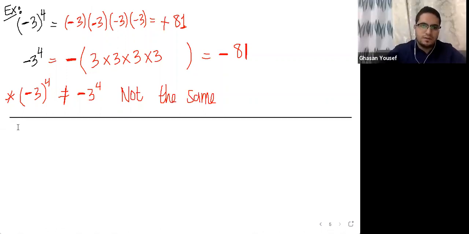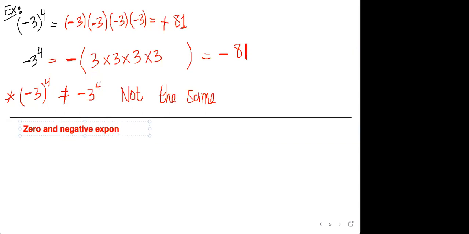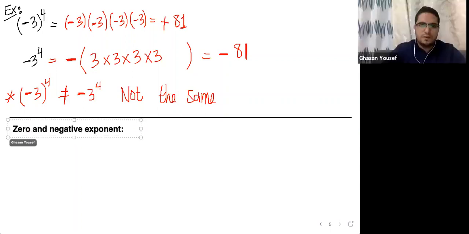Now, for the zero and negative exponent. This has a small definition.